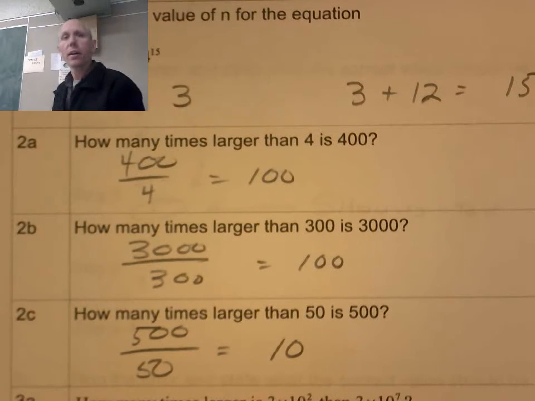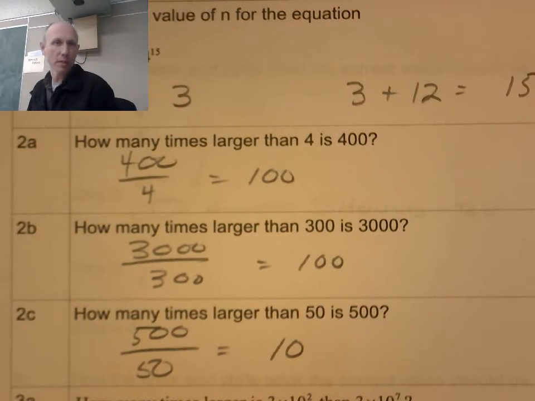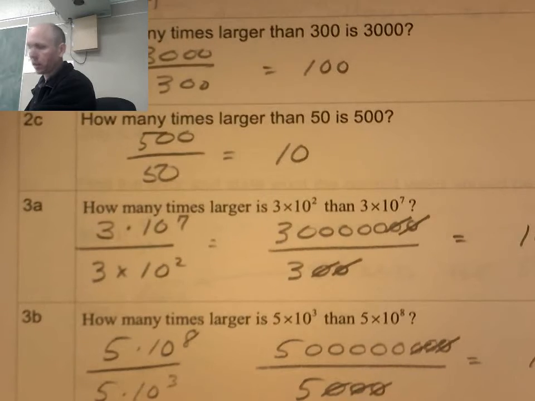So now that we know how to figure out how many times larger something is through division, let's use that with some exponents. So I'm looking at 3a.